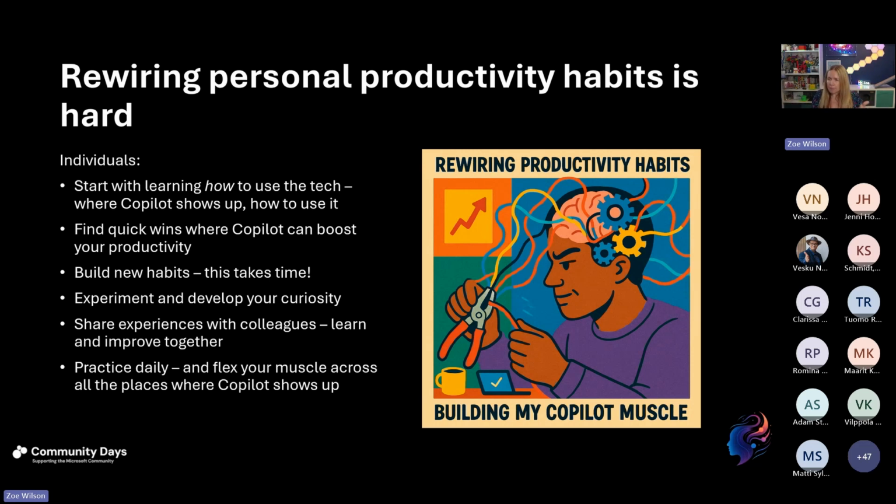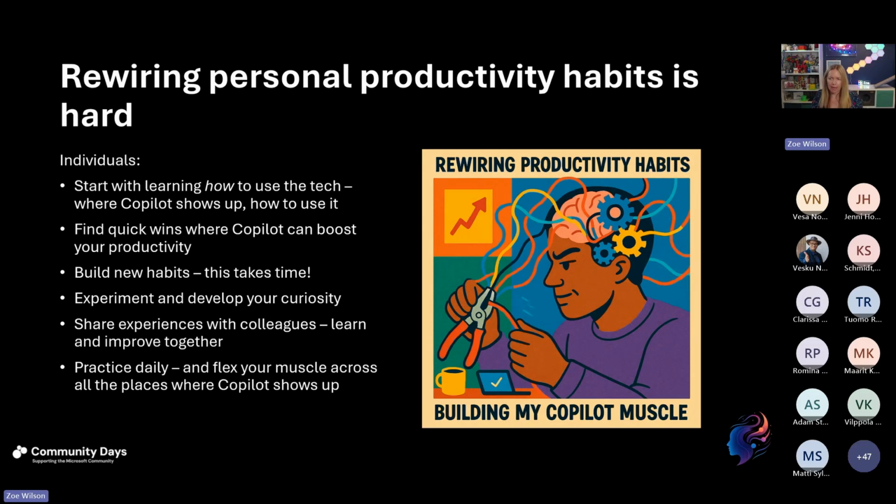And part of the mindset has to be being curious and being able to experiment, because the Copilot technology, regardless of which product you're in, is evolving so quickly that something that you try today might not work, but if you try it in a month, it might work.